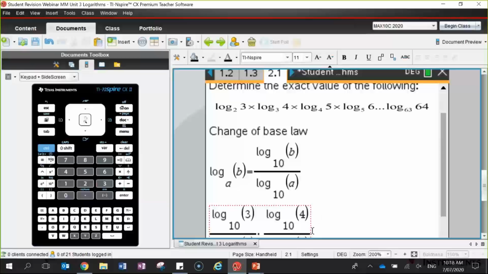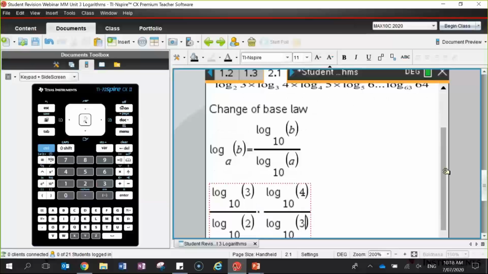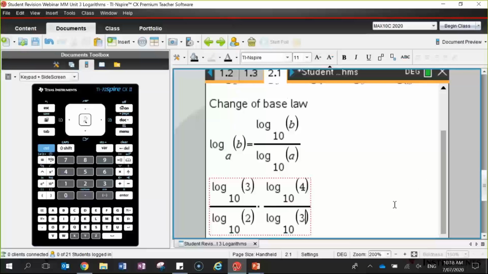When I put that in, I get log base 10 of 5 divided by log base 10 of 4. Again, my numerator and the denominator of the following fraction cancel, and that's going to continue all the way along. So we should see a pattern happening until we get to the end.